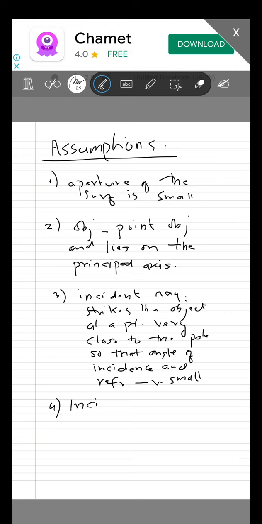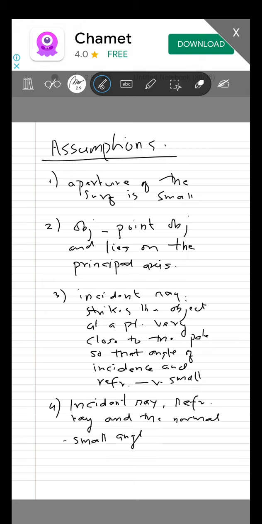So it is called oblique incidence and oblique refraction.